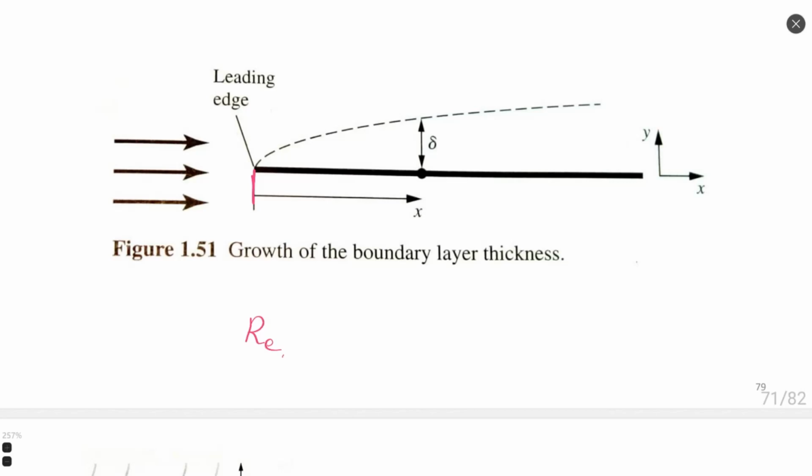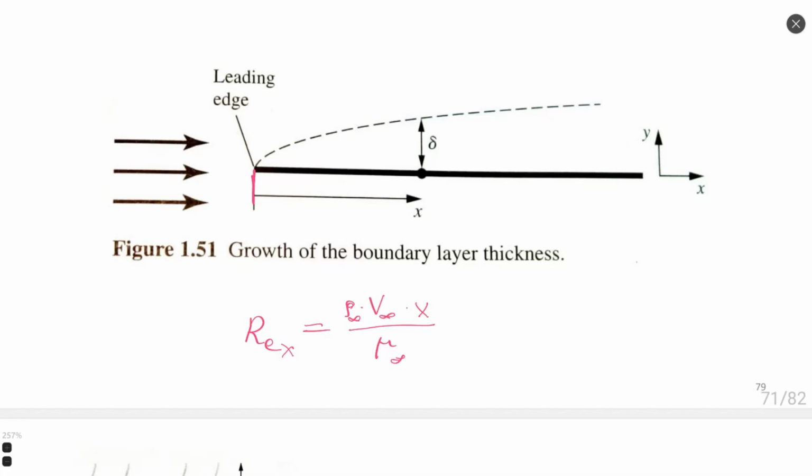It's called Reynolds x, equal to density infinite times velocity infinite times x, divided by viscosity. So we see that Reynolds number is directly related to the coordinate of flow.